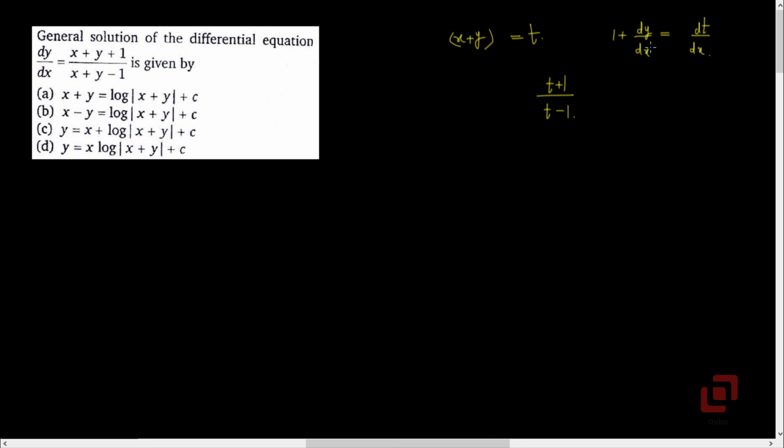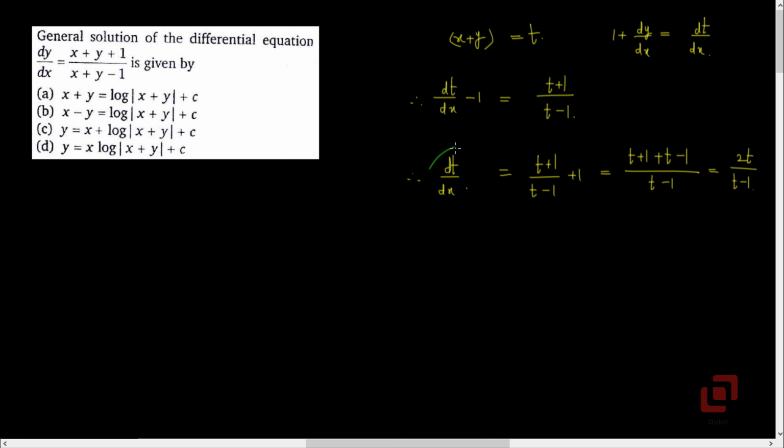Therefore, dy by dx will be dt by dx minus 1, and that will now get us to the left hand side of the differential equation. dt by dx minus 1 equal to, let us shift minus 1 to the right hand side, which will lead to t plus 1 upon t minus 1 plus 1, which is equal to t plus 1 plus t minus 1 upon t minus 1, which will be 2t upon t minus 1. The left hand side is now simply dt by dx.